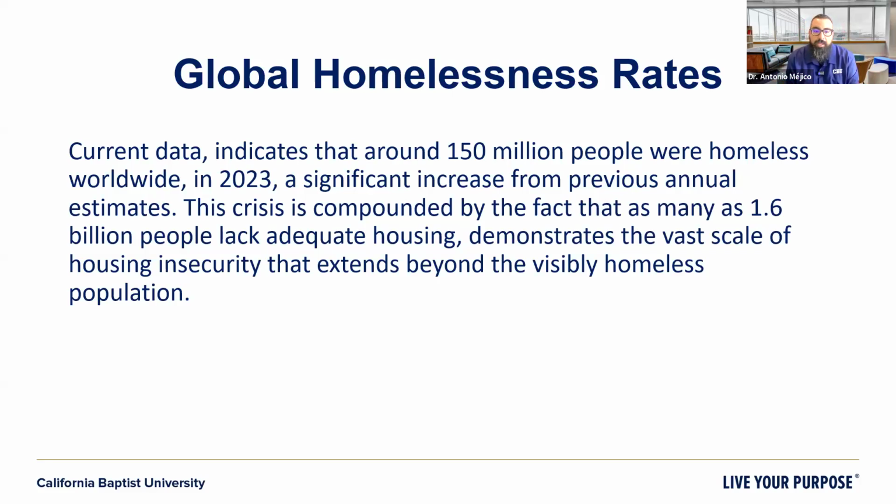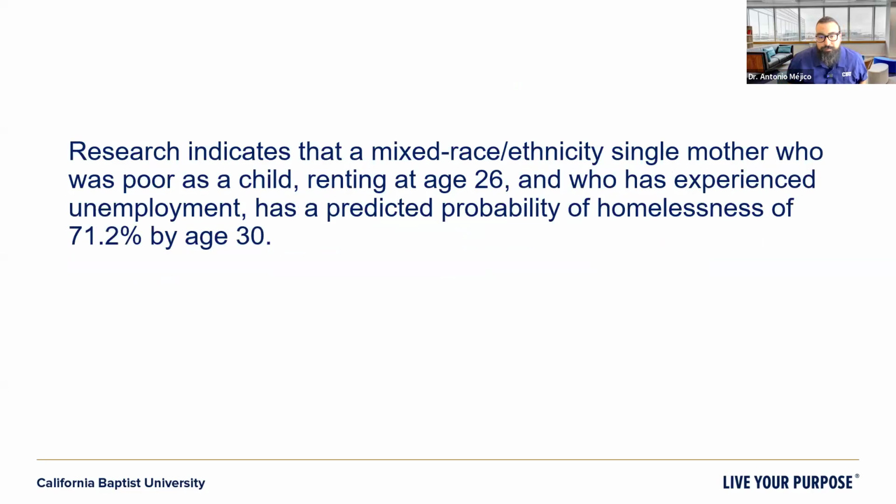So this factors in not only the individuals who we see maybe sleeping in their cars or under an overpass or on the street, but we also have to recognize that people are just teetering on the border of homelessness, where if they don't have a couch to sleep on the next night, they may very well be out on the street, or they're just 2 paychecks away from losing their house. And so when we factor that in, we want to understand that homelessness is not only a challenge to the United States, but a global challenge that the world is facing, okay?